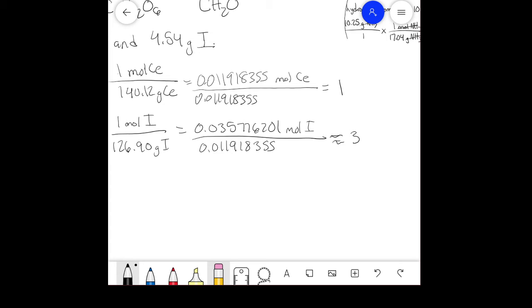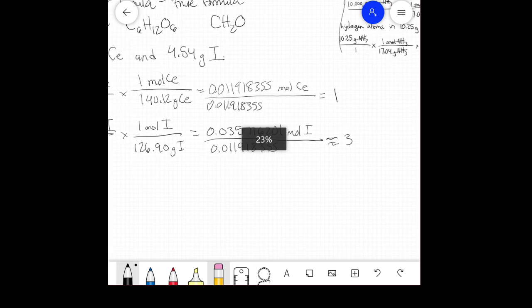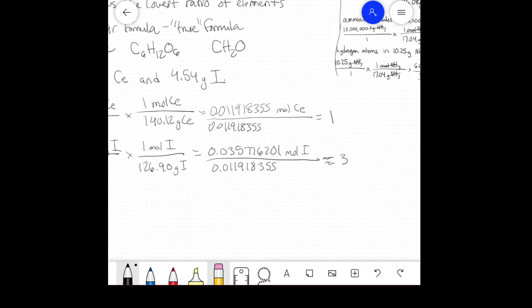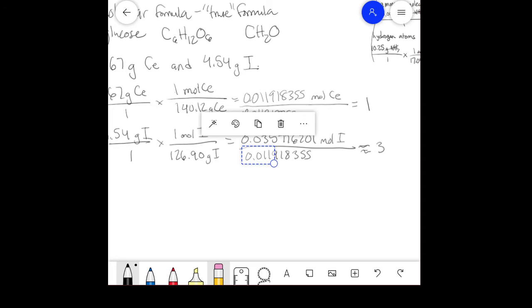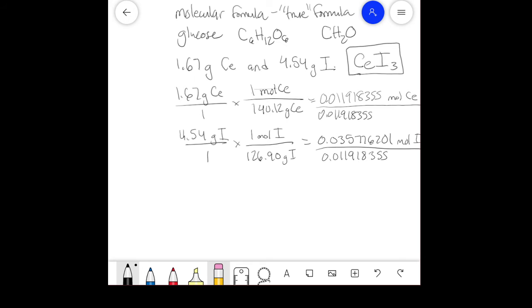Now, when you say approximately, it has to be extremely close or exact. If it's 2.99, you call that 3. 3.00 and so on, that can be 3. So now I know for every 1 Ce, I have 3 iodine. And that would be the empirical formula from this example.